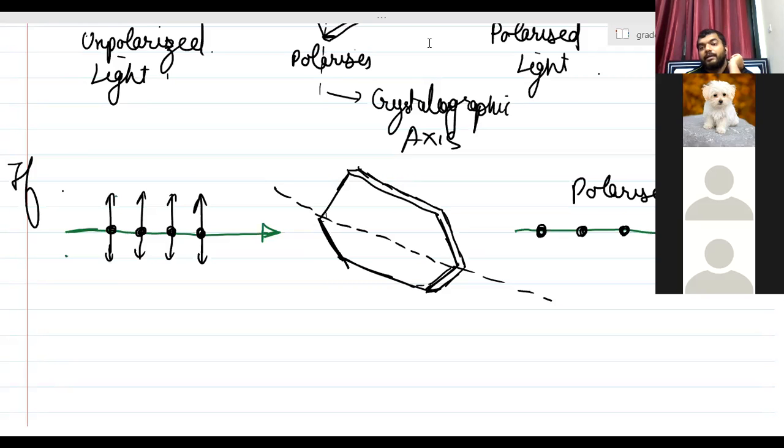Whichever vibrations are along the crystallographic lines get passed through the polarizer, and whichever are not, don't get passed. So we can write this particular thing.